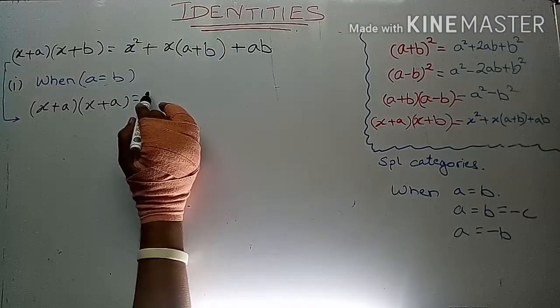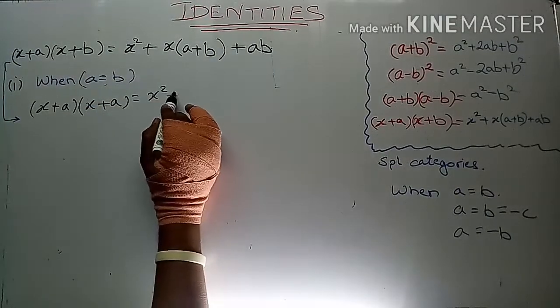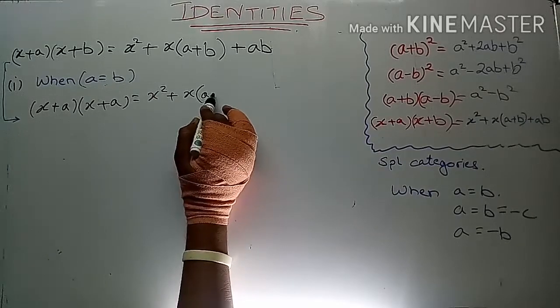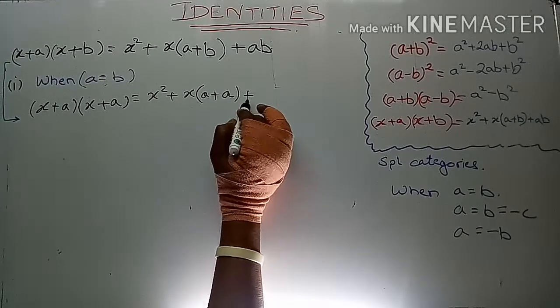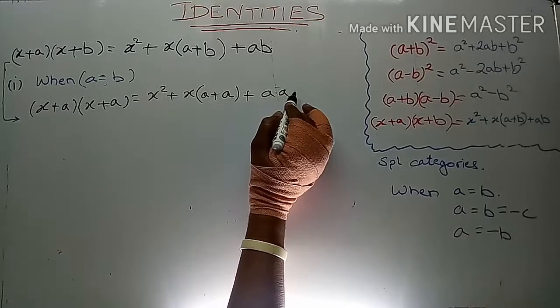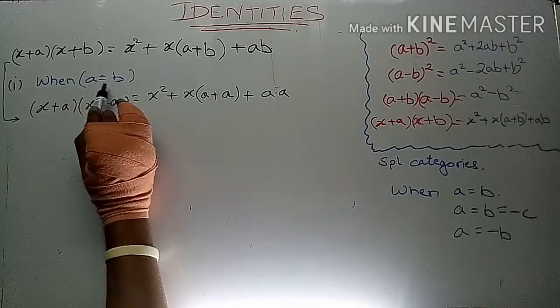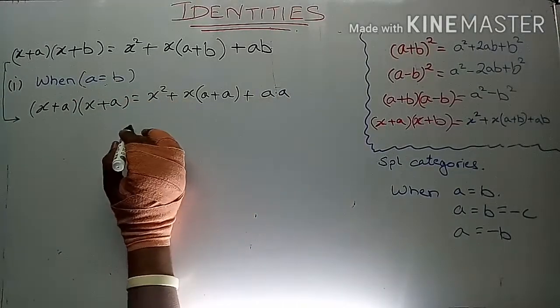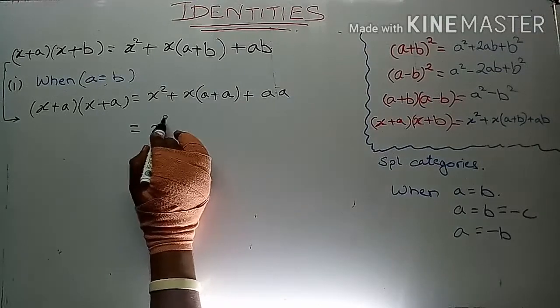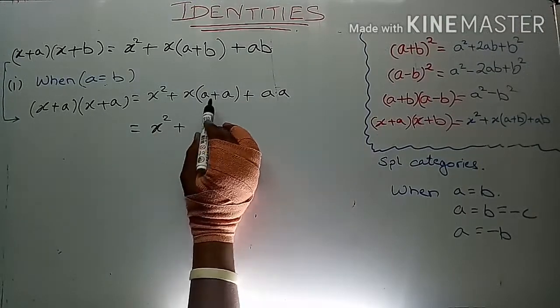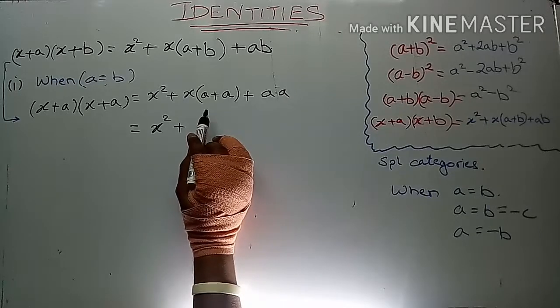So this formula becomes x square plus x into a plus a plus a into a. Wherever b is there I have substituted it with a. So this formula becomes x square plus a is 2a.